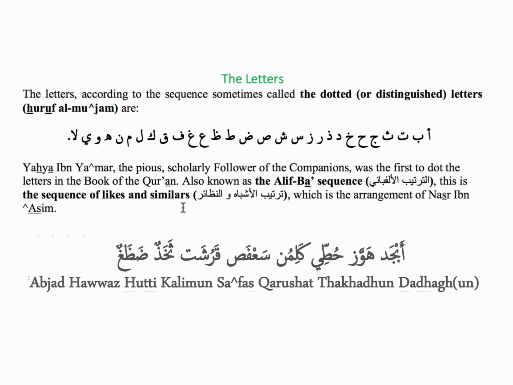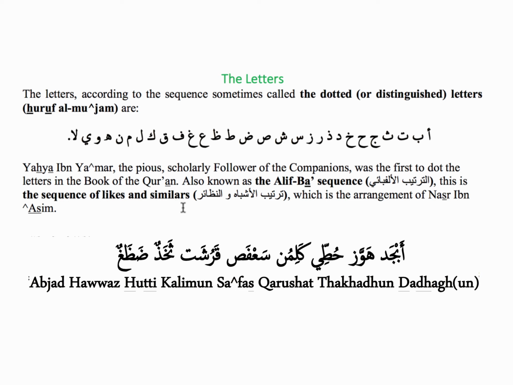We'll see, inshallah, what was the original sequence of the Arabic letters. He wanted to make it easier, so he put the letters that resemble each other next to each other. The original sequence has the letters scattered. We see the original sequence called at-tartib al-abjadi.